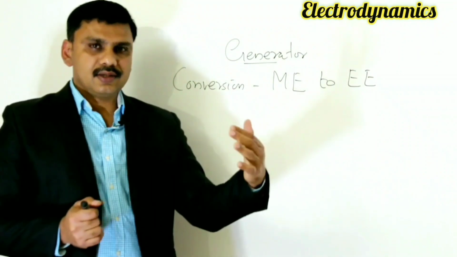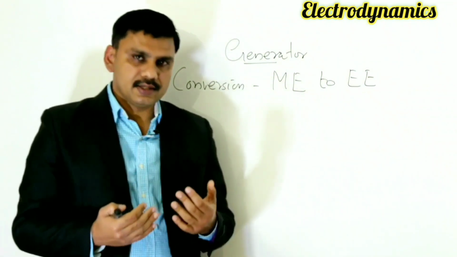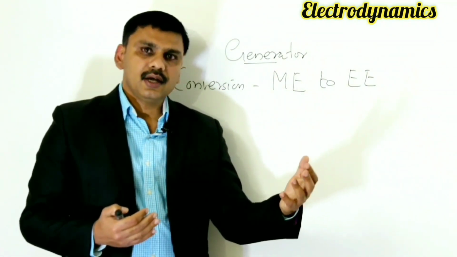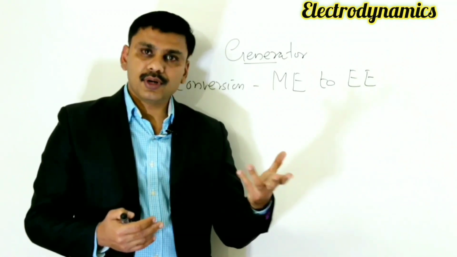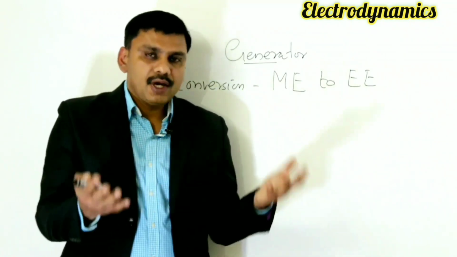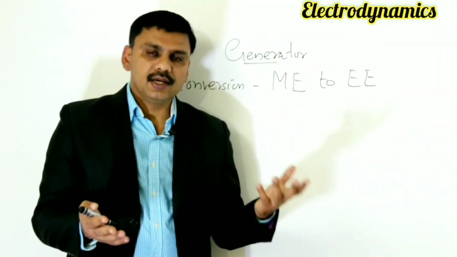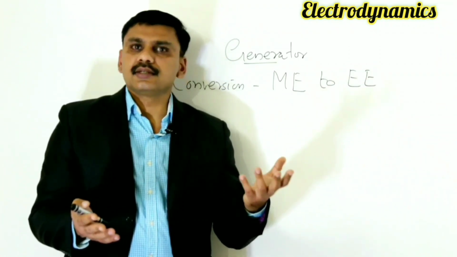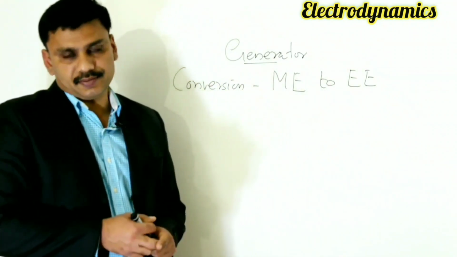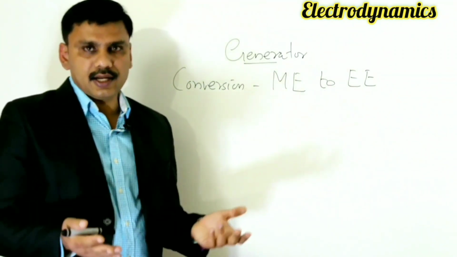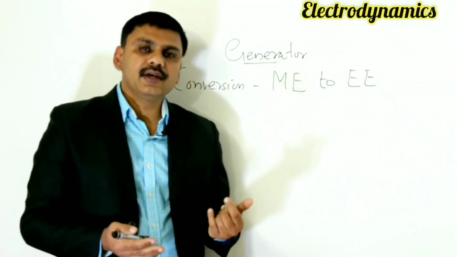The questions are given like this: they give a diagram, which can be a motor or a generator. First we have to identify whether the given apparatus is a motor or a generator. How can you identify?